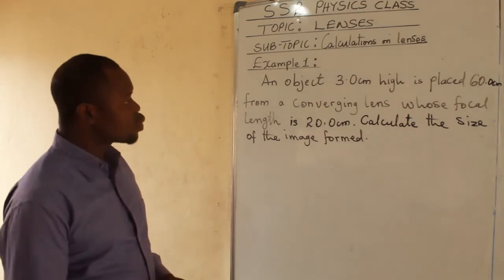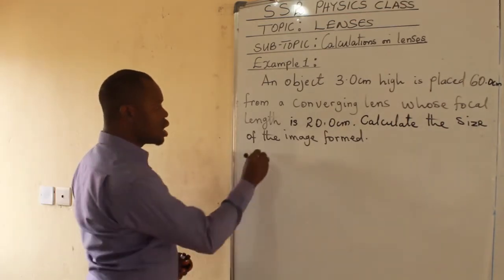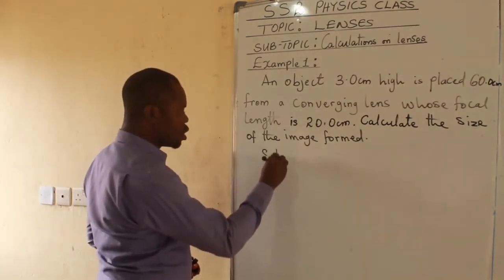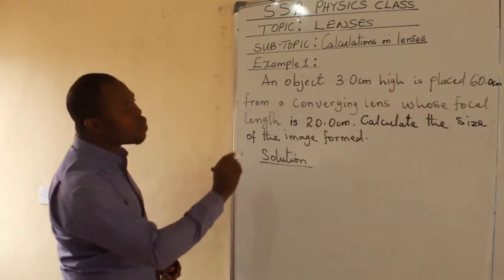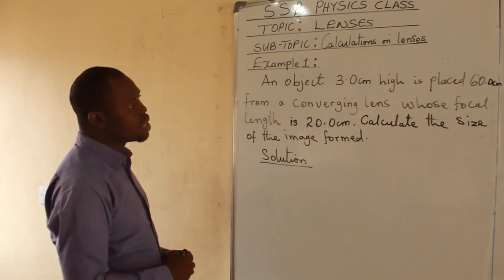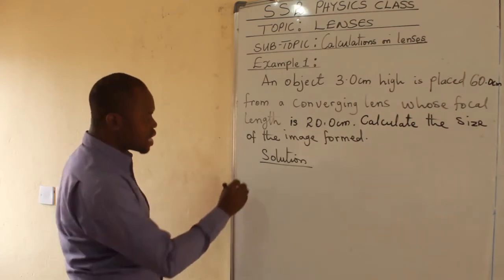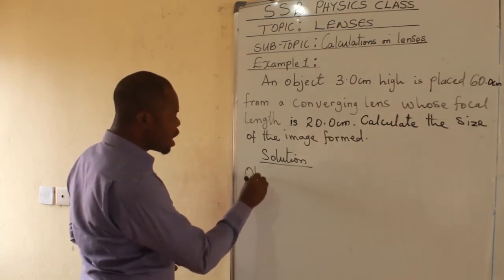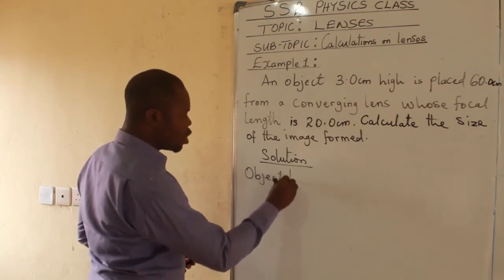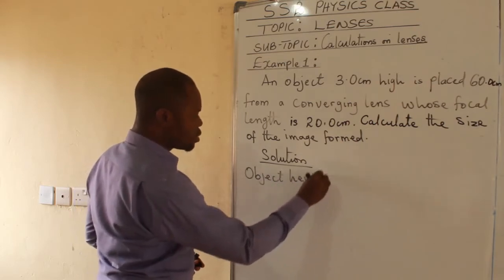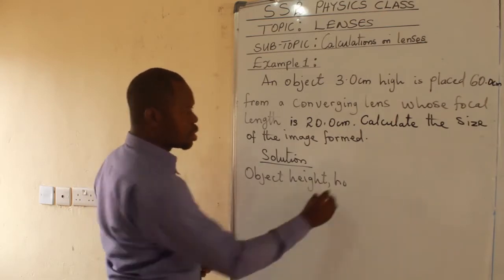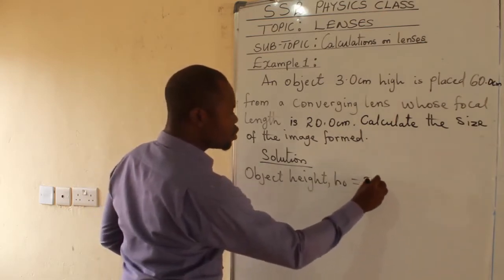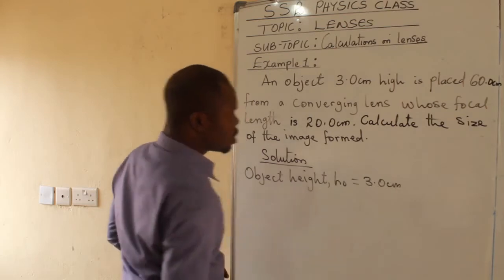So, having this question, let's look at our parameters. What are the parameters we are to use? An object 3.0 centimeters high, that's the object height. Let's call that H0 equals 3.0 centimeters.